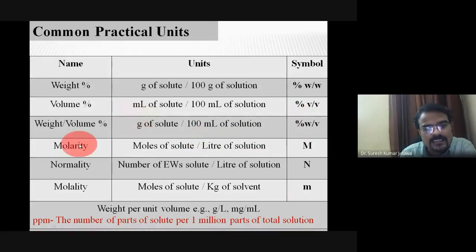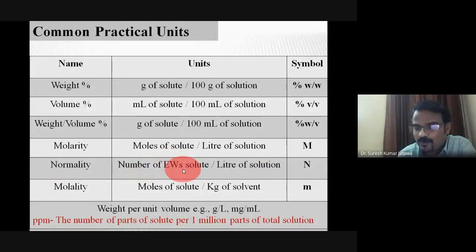Apart from this, these are three common terms: molarity, normality, and molality. So what is molarity? Molarity is moles of solute dissolved per liter of solution, and it is denoted by capital M. Normality is the number of equivalent weights of solute dissolved per liter of solution.